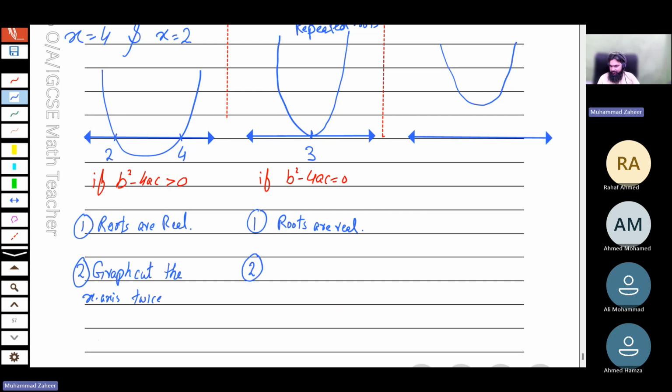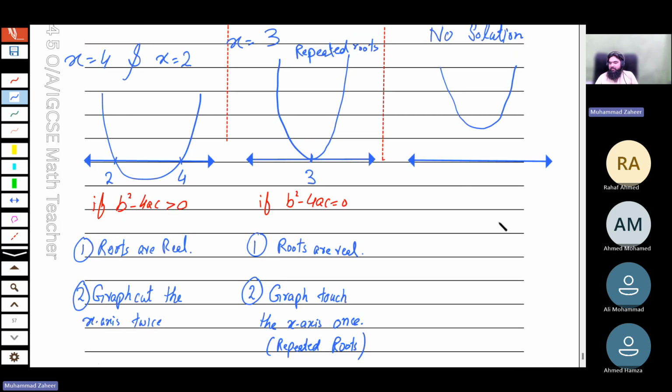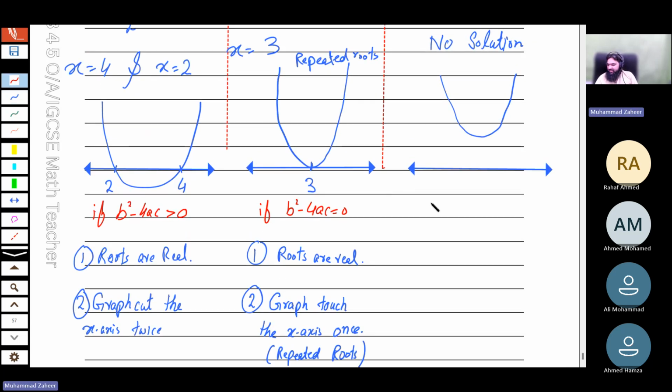The second part is the graph touches the x-axis once. You can say that you are going to get repeated roots.